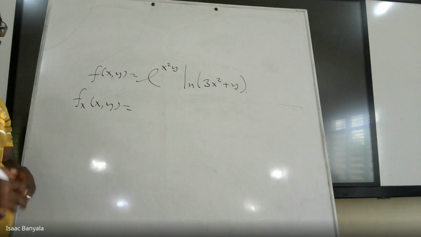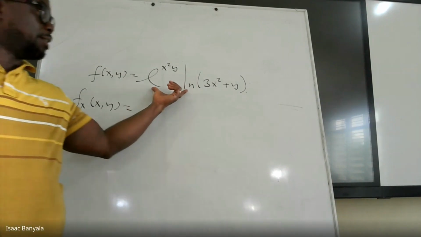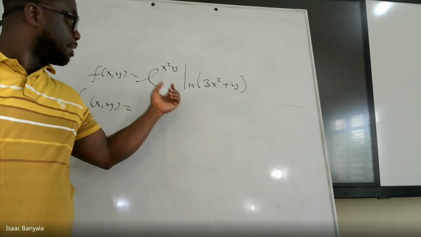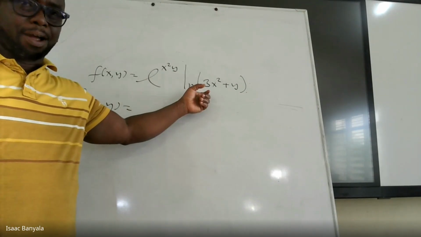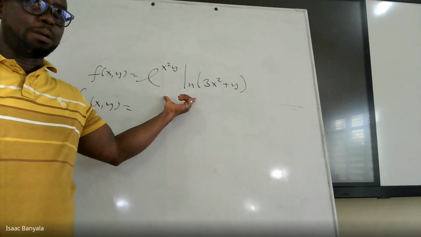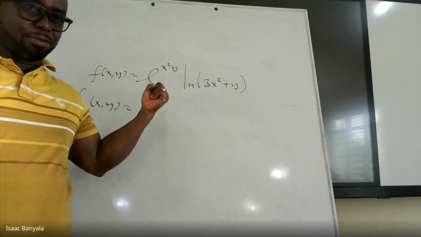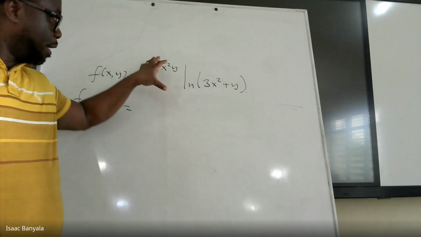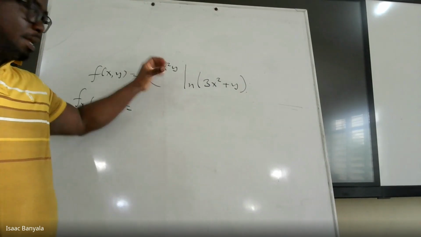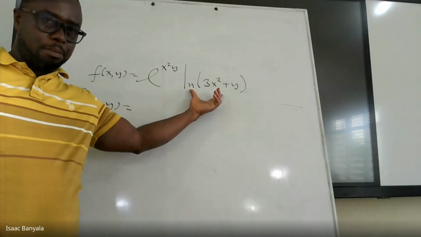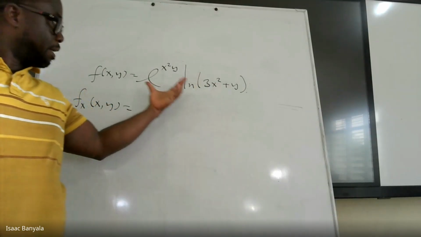You see that there are two things multiplying, this and that, right? So we are going to use the product rule. We'll keep this as a constant, then differentiate this, plus keeping this as a constant, then differentiate that.